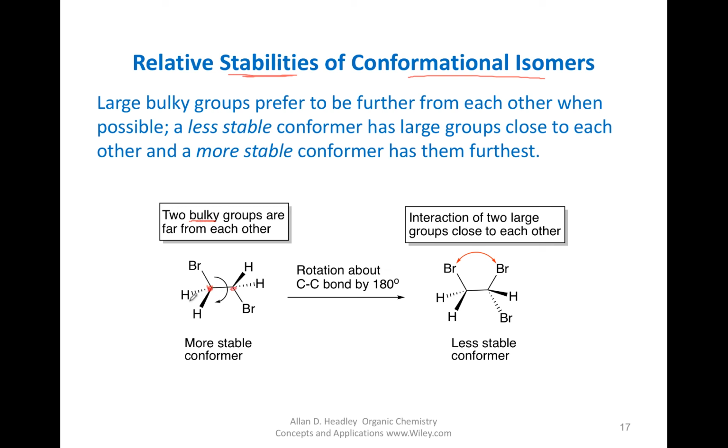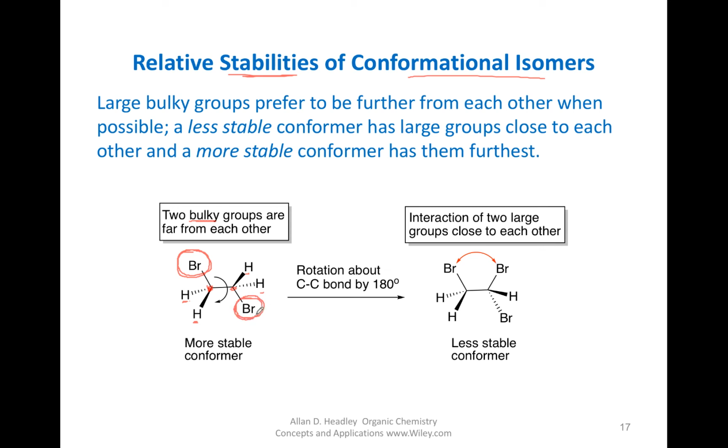This carbon has hydrogen, which is pretty small, but it has bromine, which is pretty large. Look at your periodic table, you'll see that bromine is to the bottom right of the periodic table, which means it's large. So this carbon again has a small hydrogen, and a very large bromine atom.